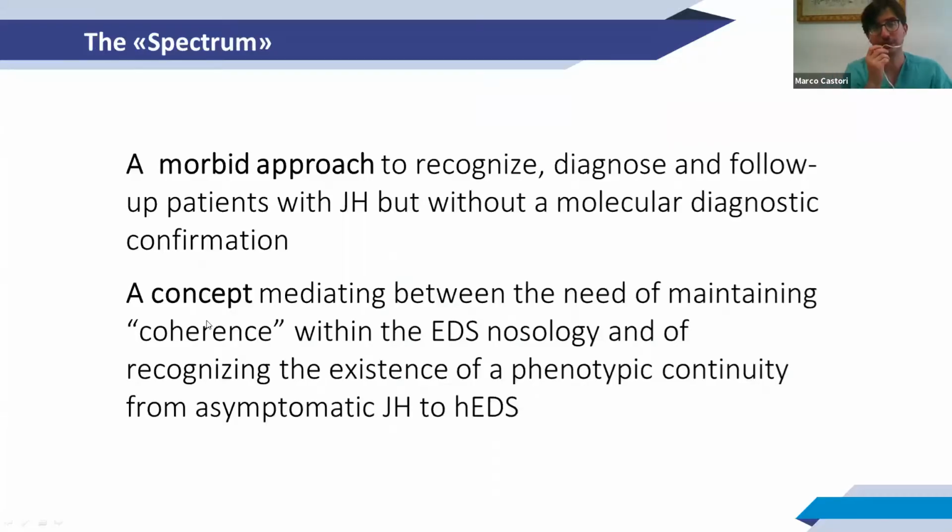So this is, I think, the last slide. The spectrum is a concept, not a rigid approach to people with joint hypermobility. The spectrum is what is outside monogenic syndromes with joint hypermobility.